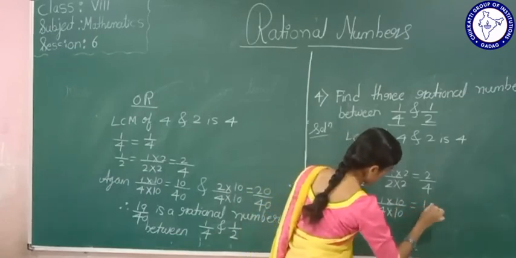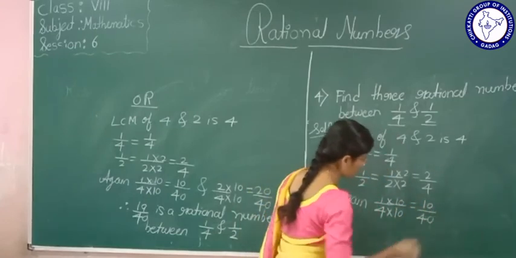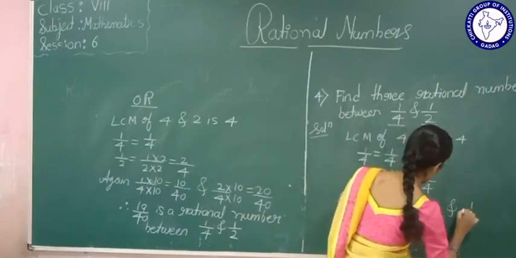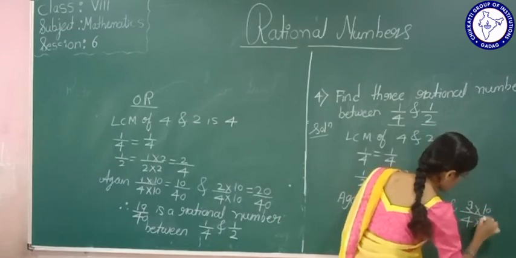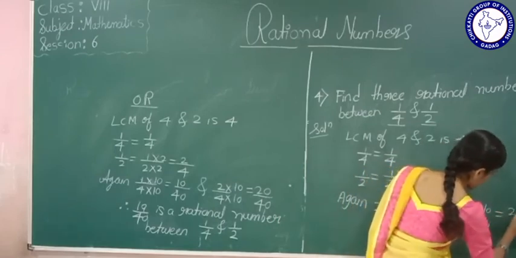It will become 10 by 40, and this will become 2 by 4 into 10, 20 by 40.